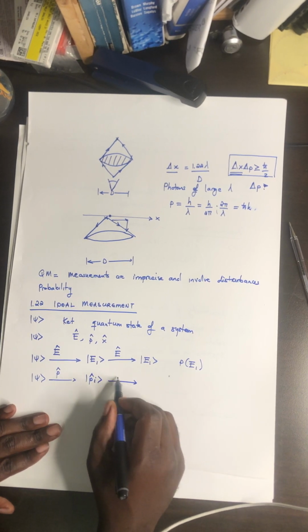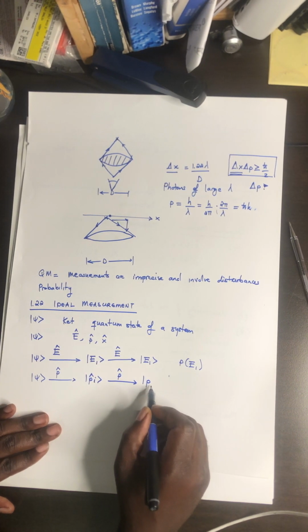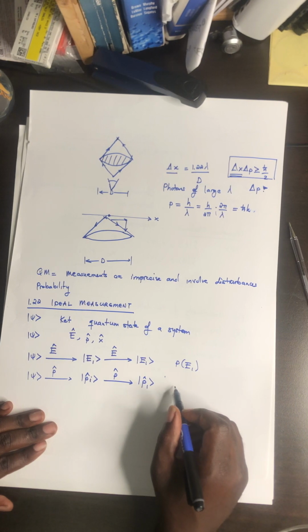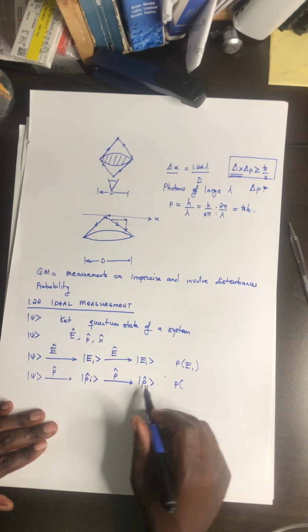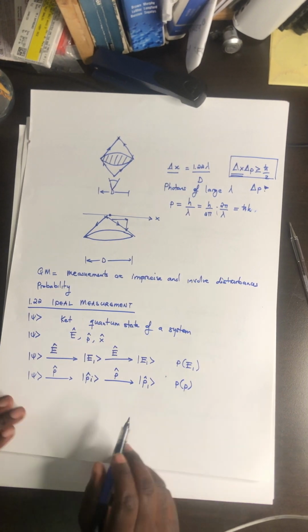If we make a repeated measurement of momentum, we will certainly find it in the state P1 again, and the probability of getting this outcome we'll just write as P1.